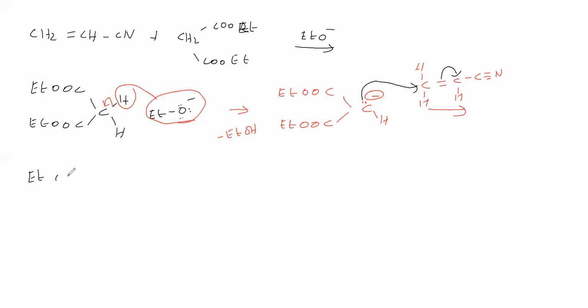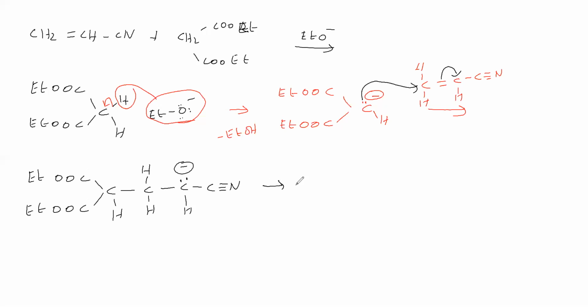So we will get EtOOC, here CH, here CH2, single bond CH. This carbon is getting a negative charge, with CN. Then the ethanol gives H plus to this C minus.